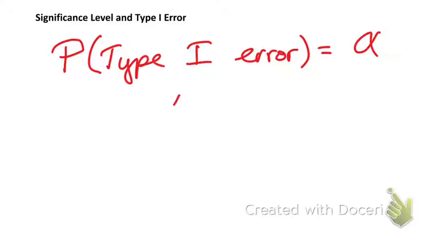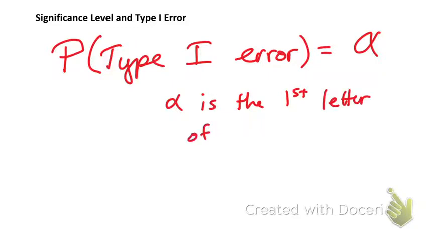Keep in mind that alpha is the first letter of the Greek alphabet. That's how I keep it straight, that alpha is the probability of a type 1 error. So just try to keep that in mind to help you remember what's happening here.